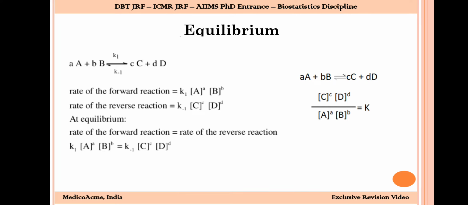So you can calculate the equilibrium constant. This becomes very important. Here you can see on the right side that K equals the concentration of the products divided by the concentration of the substrates. So very important guys, you can remember this constant. It is very easy to remember also.